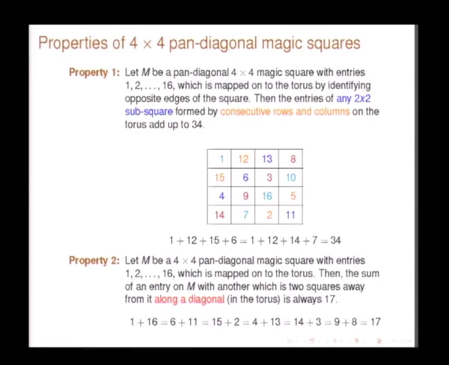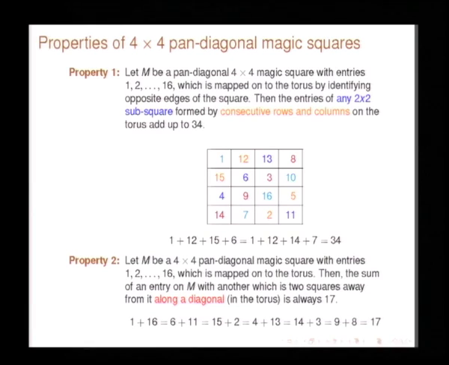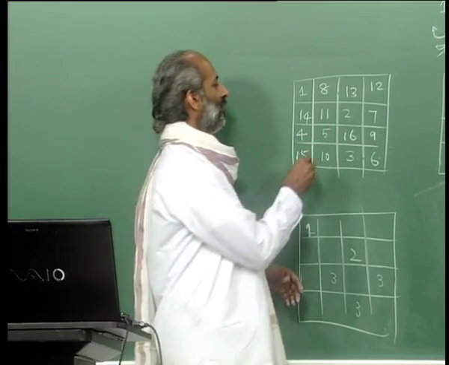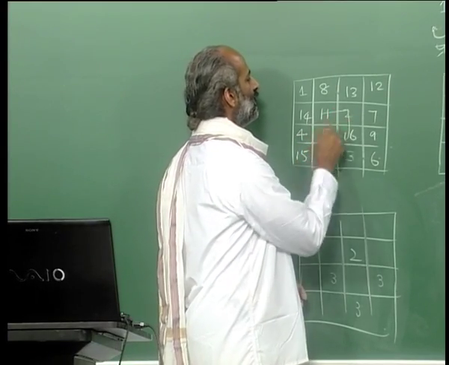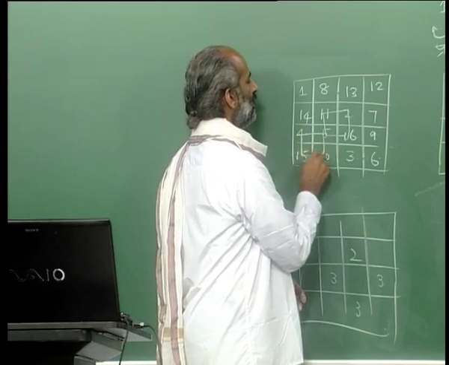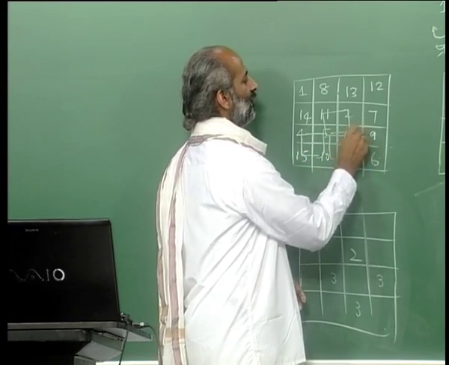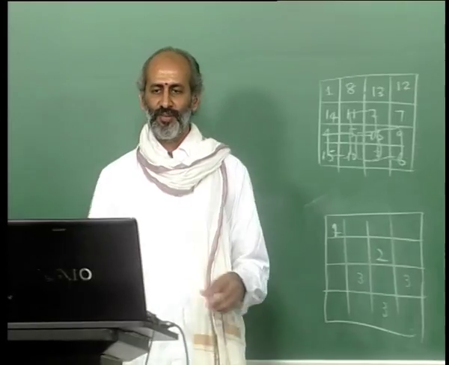So we move on to discuss this property. I just started discussion on this. Property 1 essentially tells that in the magic squares you choose any 2 consecutive rows and columns.